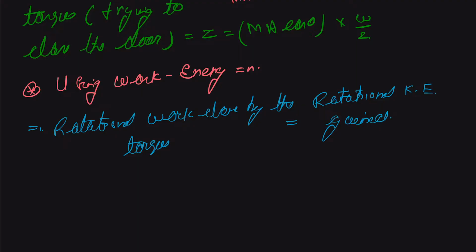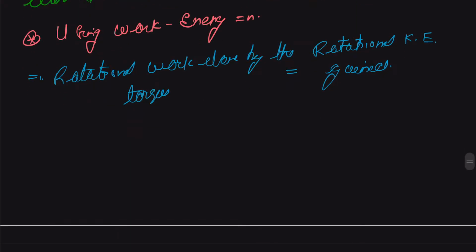And for our work done, we can write tau d theta will be equal to kinetic energy, which is half I omega square, and the angle is going to vary from 0 to pi by 2.